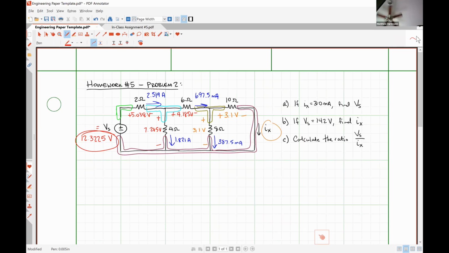So in part B, we are asked if Vs is equal to 142 volts, find the value of Ix. So what I'm going to do is effectively make a kind of a table here.